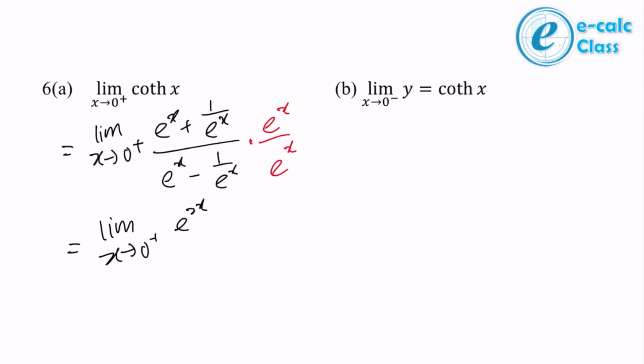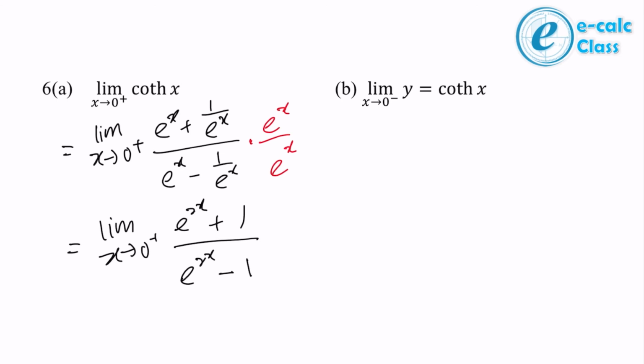I hope you know where I'm going. This will just be a 1, then e to the 2x minus 1. Actually it doesn't matter, because e raised to the 0 is still 1, so it is still divided by 0. So you have to do your positive negative analysis.